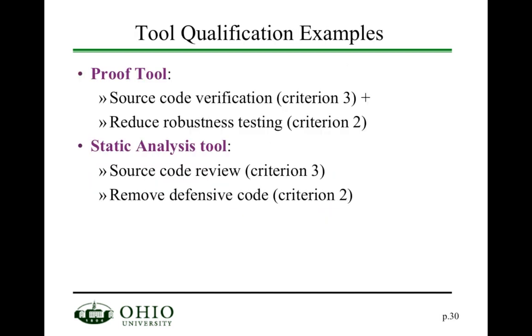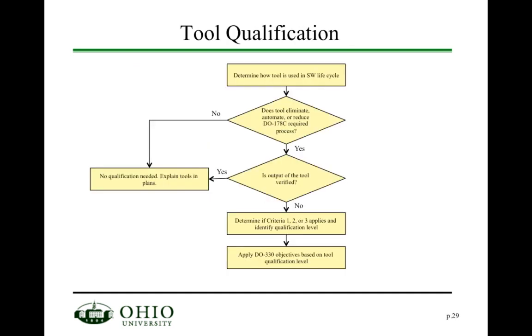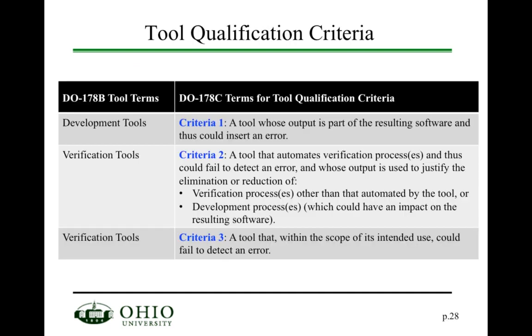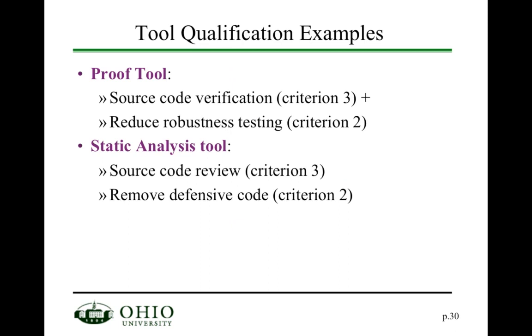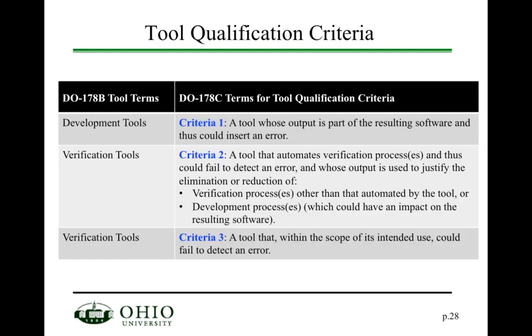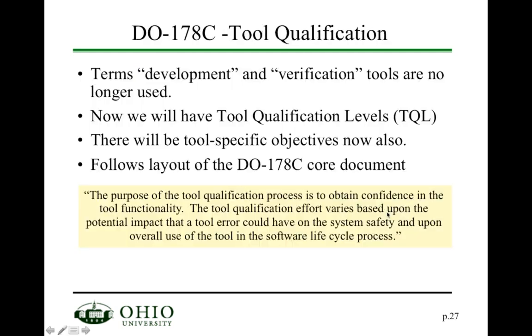For example, if you have a proof tool used for source code verification, this is a criterion 3 item, because it could fail to detect an error. Reduced robustness testing is a criterion 2 item.